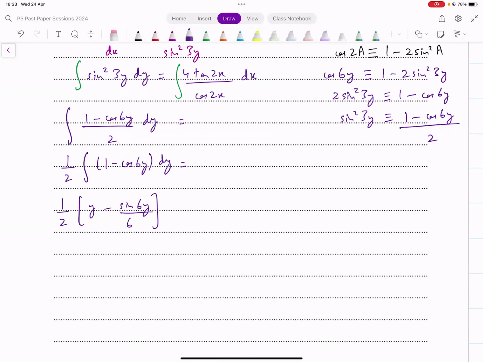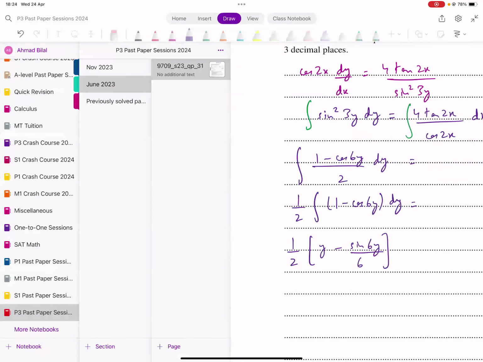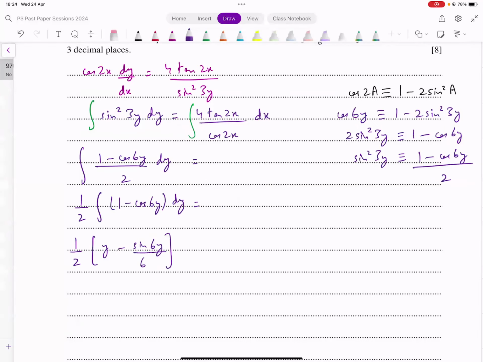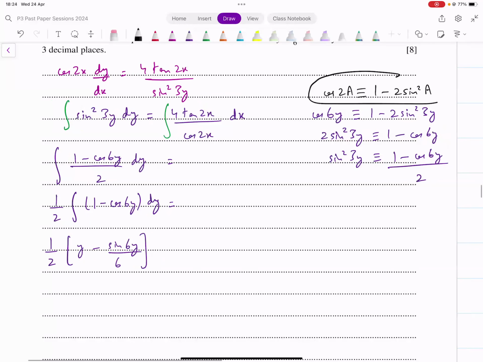All right, let me repeat. This is a standard process that you need to know for integrating sine square and cos square. You always use the double angle identity for cos. For sine square, you use this form. Cos 2a equals 1 minus 2 sine square a. All right. We want sine square of 3y.